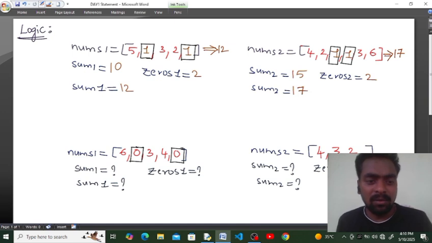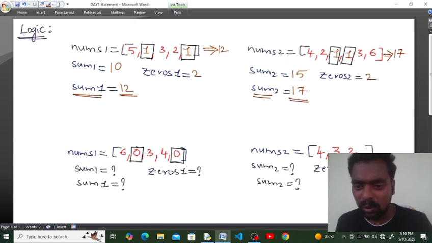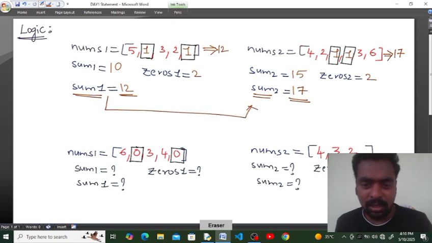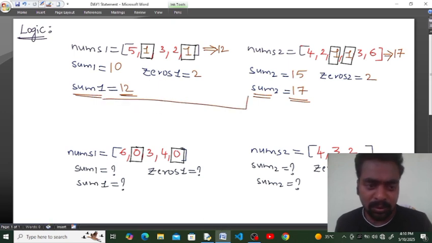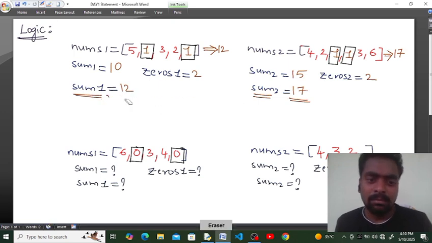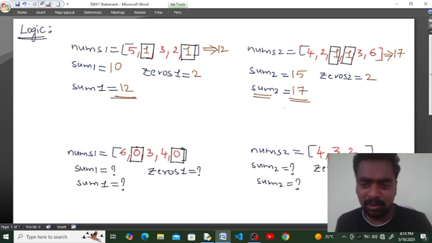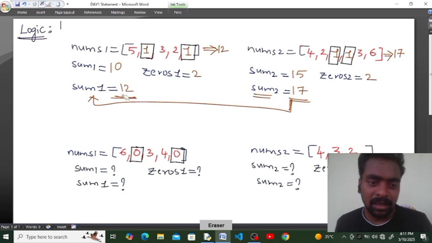Okay. Now after calculating sum1 and sum2, compare these two values. Are they the same? No. It means that either you have to make sum1 equal to sum2, or you have to make sum2 equal to sum1. But if you observe carefully, sum1 is smaller than sum2. It means you cannot decrease the value of sum2 to sum1, right?